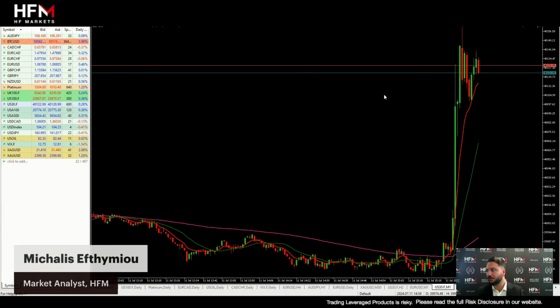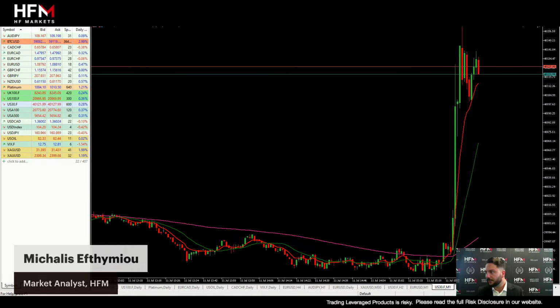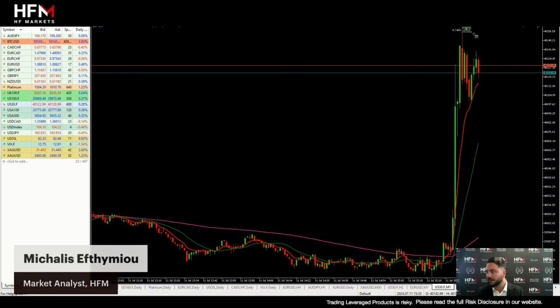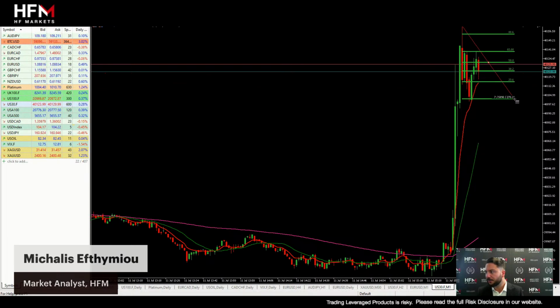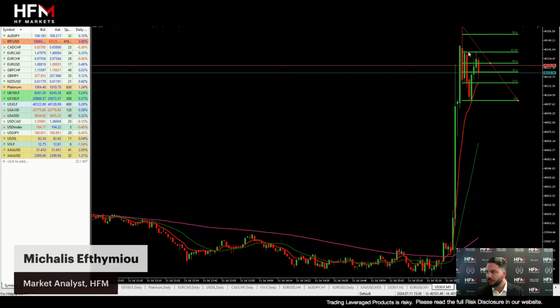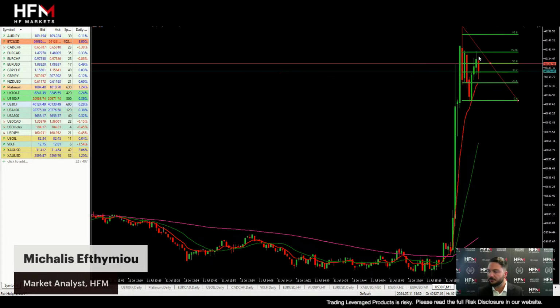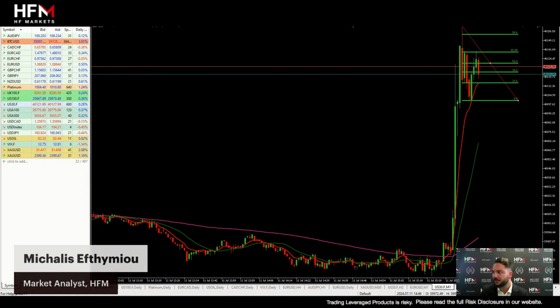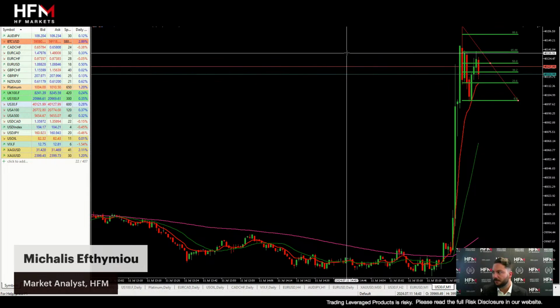Now, if we look at the Dow Jones again, this time we can see we've had some slightly stronger upward price movement when we compared it with the NASDAQ. So we did get a buy signal triggered, but it's declined back below only by a couple of percent. So keep in mind, this is only a 1 minute time frame.